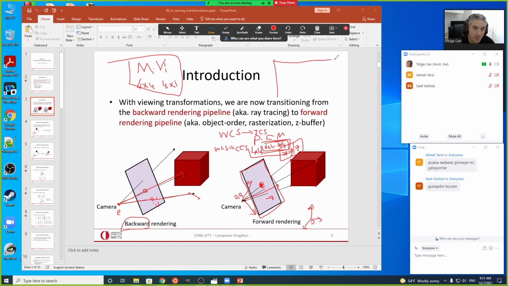Then the problem of rendering will be just this. If you have a triangle, if you have its vertices, if you know which pixels these vertices project onto, then the rest is just painting inside of the triangle.